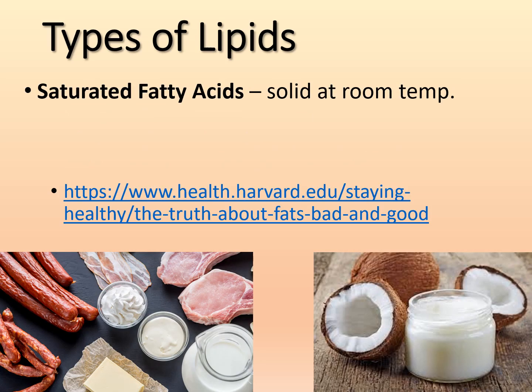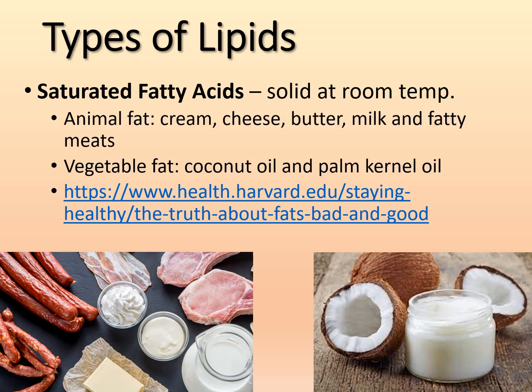So let's first talk about saturated fatty acids. Now these guys are solid at room temperature. So because they have the chain of carbons that's kind of flat, saturated with hydrogens, they can stack really closely together and they can become a solid compound, okay?